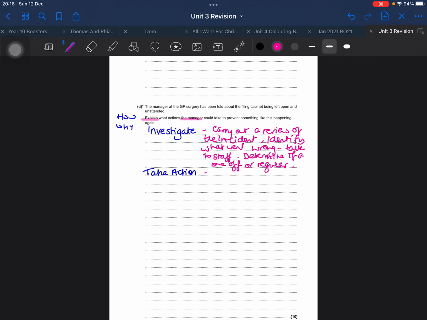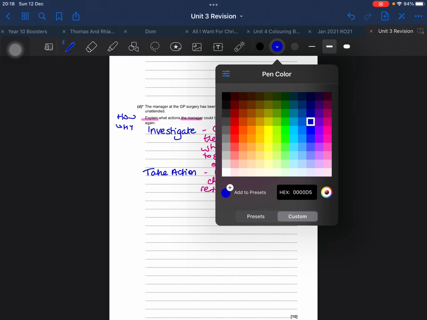Something that is going to be helpful and can be documented. So, using review findings, change procedures, or retrain staff.